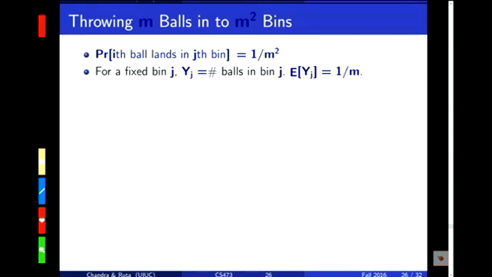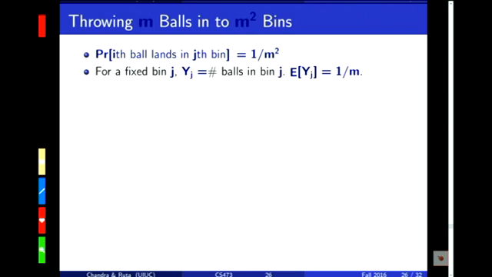So now I can ask, what is the probability that yj is greater than some order 1 value, say 3 or something? Because the expected value is 1 over m, which is very, very low compared to some constant, say 3. So I should get some very tiny probability for that, and that will give us what we want, that the max size is order 1.